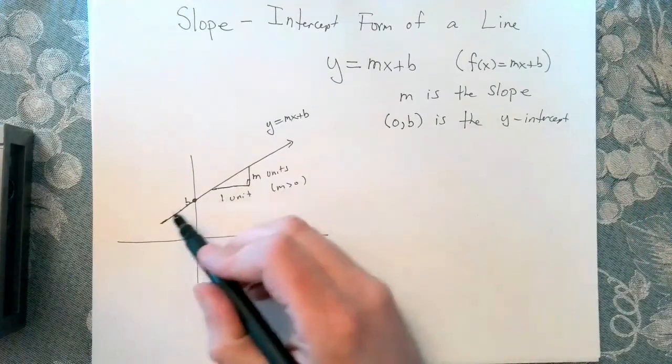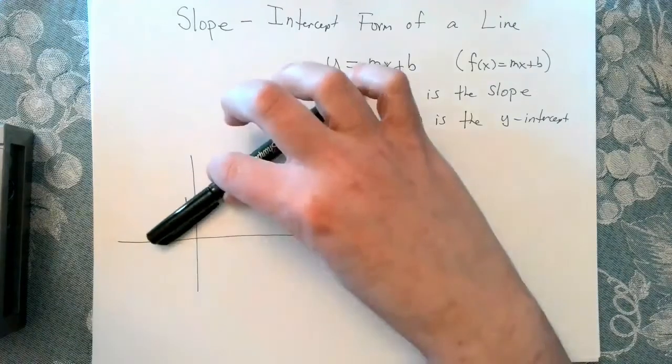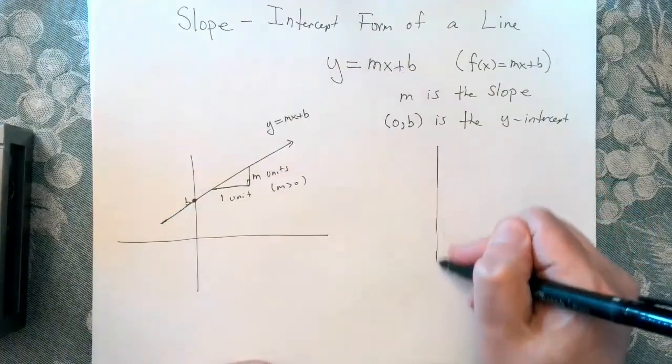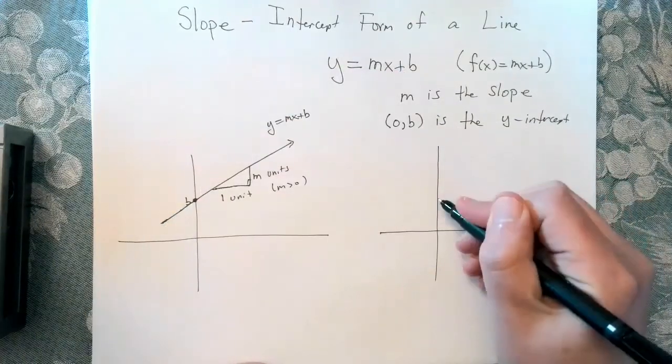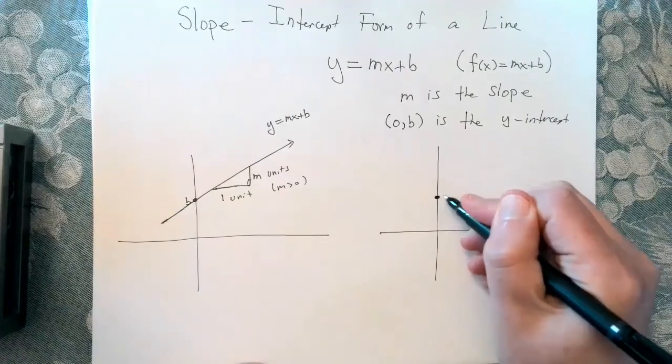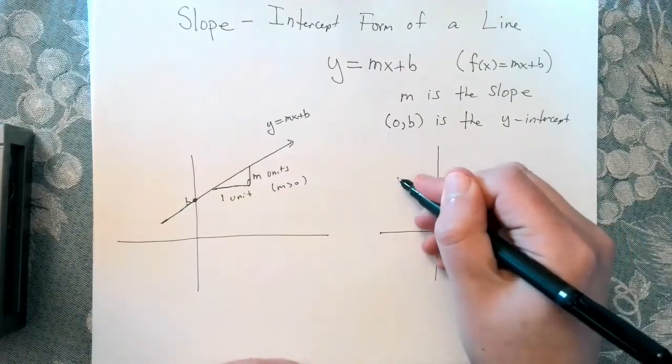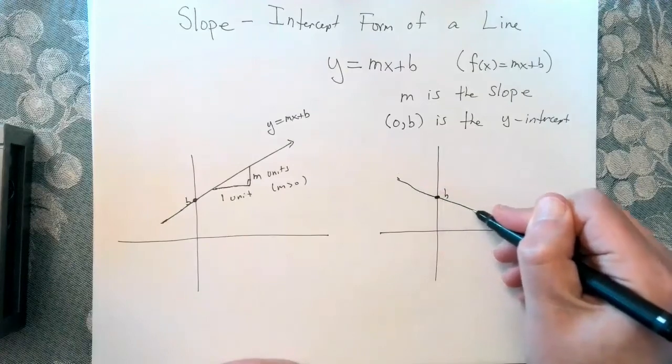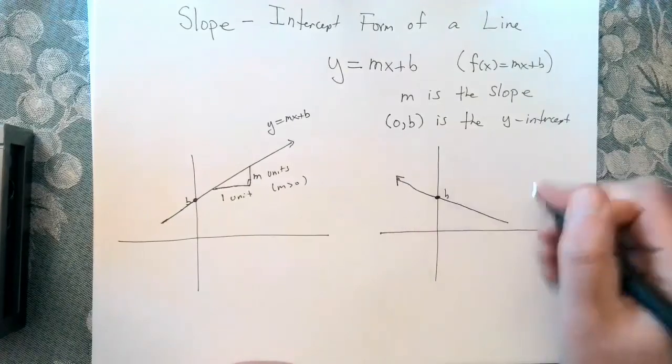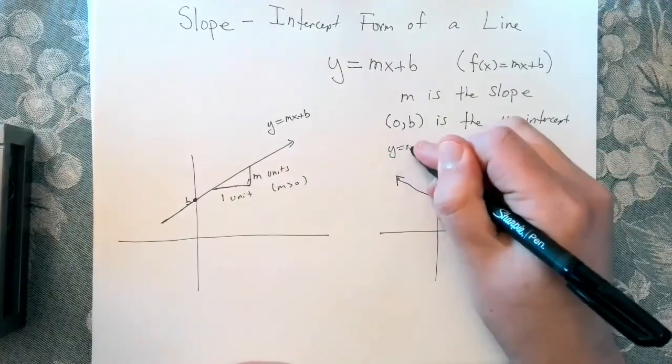When m is positive, reading from left to right, my line goes this way. And if m is negative, I would have this situation. So again, let's say that's b, and then I'd have some line, maybe like that. That's fine. So it's still y equals mx plus b.